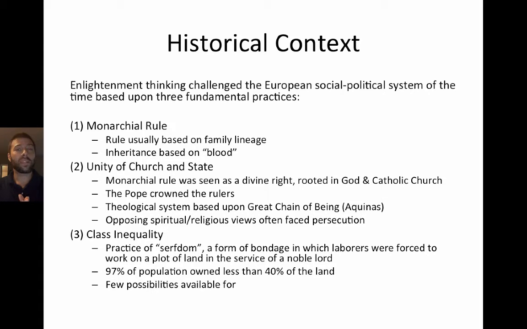When we read Goethe's book, The Sorrows of Young Werther, we're going to see this kind of class inequality in terms of Werther's encounter with the higher aristocratic classes, and he's going to be embarrassed when he goes to a party because the noble individuals will see him as coming from a lower class, and in fact they won't want him to be there, so that the lord who invited him, who happened to be a nice fellow, in the end is forced to ask him to leave. So we're going to see that within the novel itself. Right? So here we have some historical context.